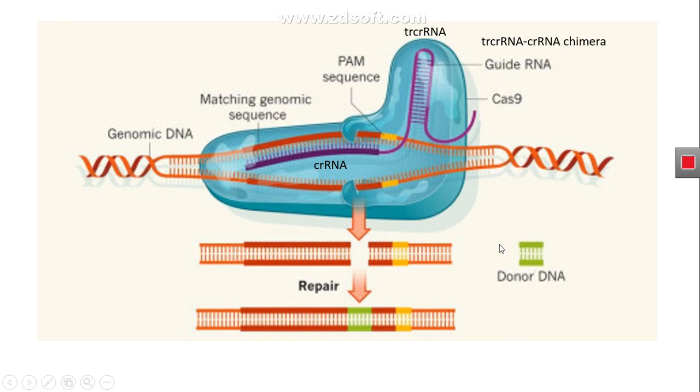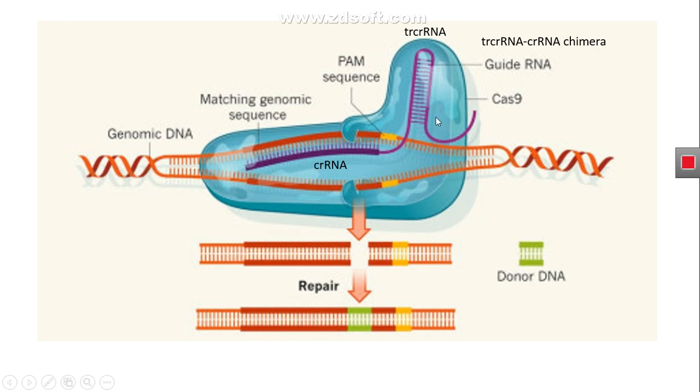So in this situation, the system is based on three components: Cas9 protein, guided RNA, and the corrected portion of the gene, which will be injected into the eukaryotic cell.